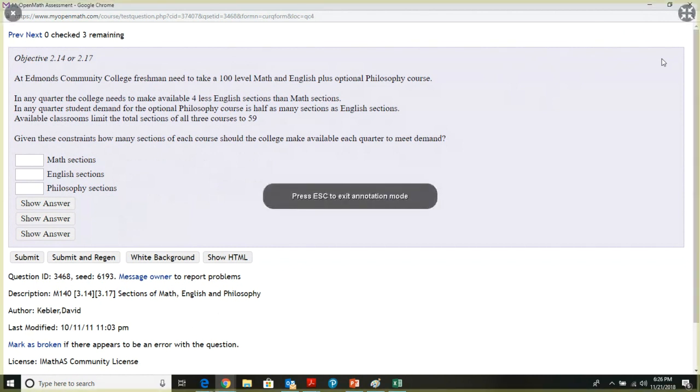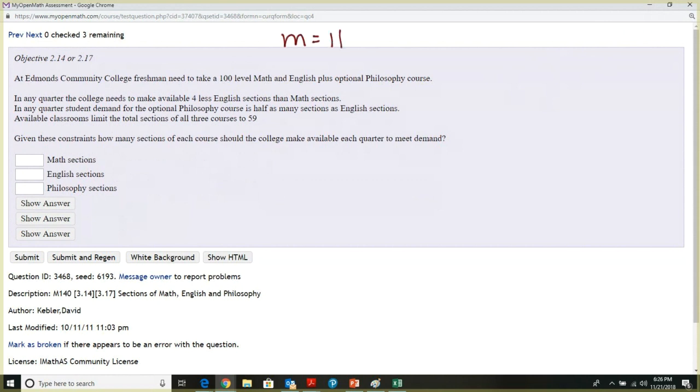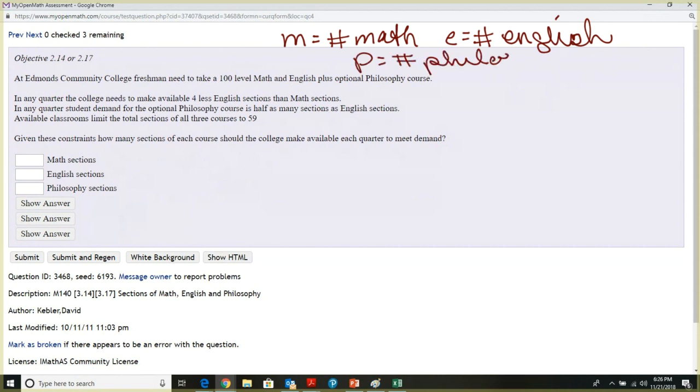And notice, essentially, I'm going to figure out how many of each they're going to do. So how about if I let M be the number of math courses? We'll let E be the number of English courses. And we'll let P be the number of philosophy courses.